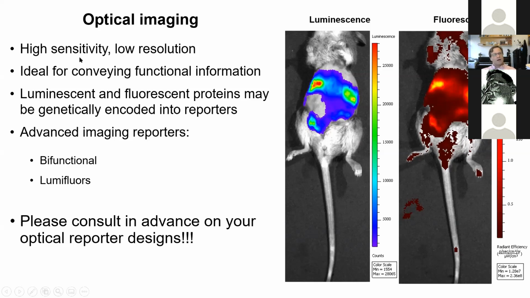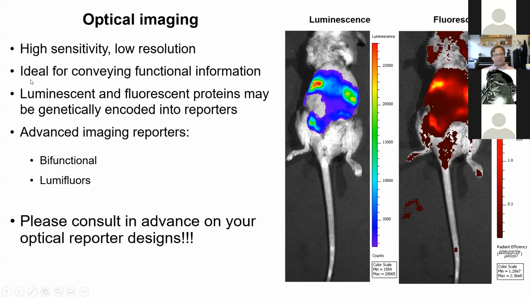The advantage of this technology is that it has pretty high sensitivity, particularly when we're talking about luminescence. But the disadvantage is that it's very low resolution. This is really a functional imaging technology. It's not designed for anatomical imaging, though there are other variants of optical imaging that can be used for that.